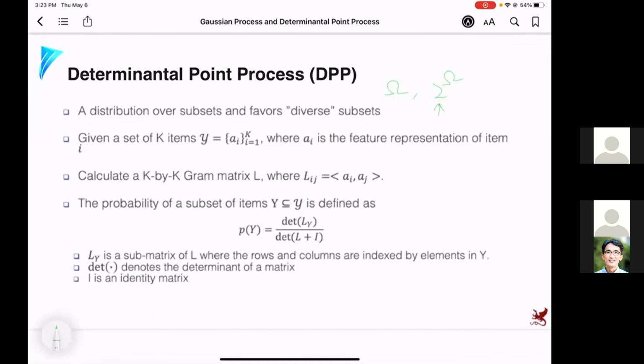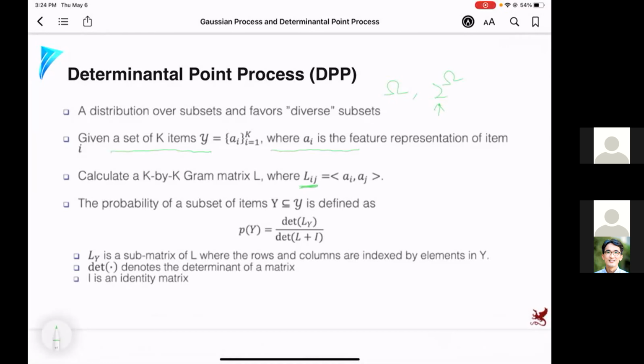Say we have a set of k items, and we have a representation of each item. Then we first calculate the gram matrix L, which basically represents the similarity between different items. So the ij entry tells you the similarity between item i and item j.